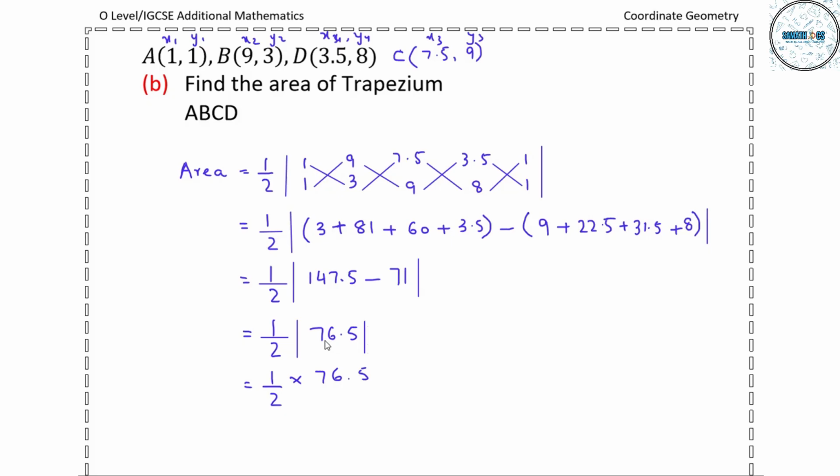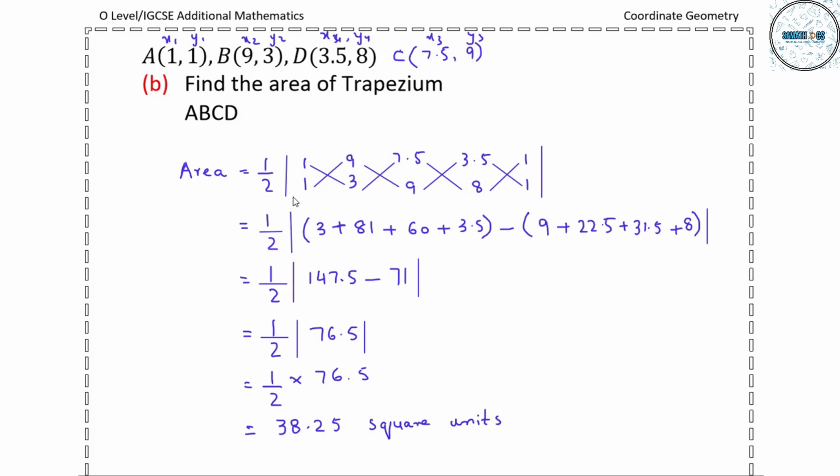But if it is negative, then you have to write the positive value, as area cannot be negative, and this absolute means that you have to take the absolute value. So the absolute value of a negative is always positive. So when we divide 76.5 by 2, we get 38.25. So 38.25 square units is the area of the trapezium.